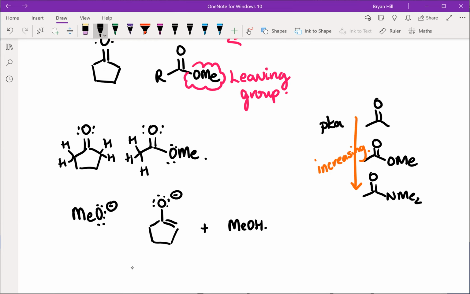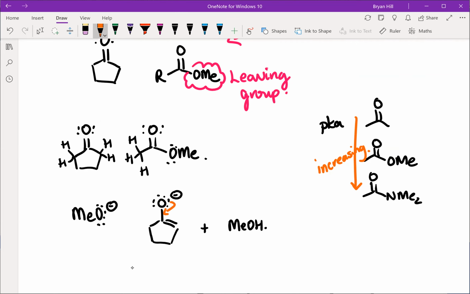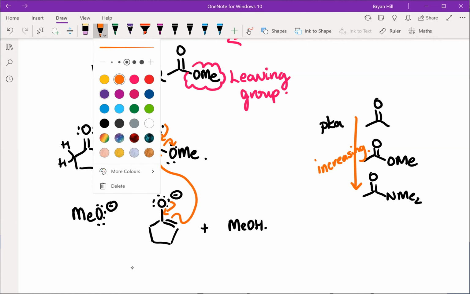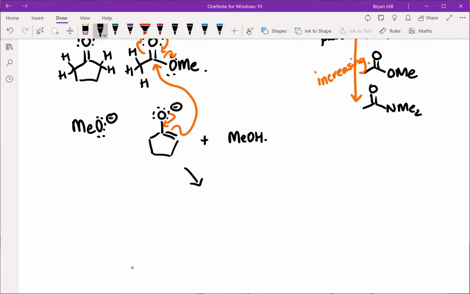So let's do that. Goes up, goes down, that leaves. And then you would generate your final product, which would look like this.